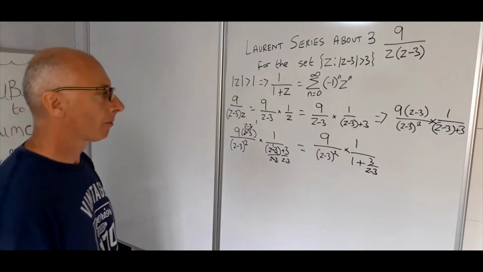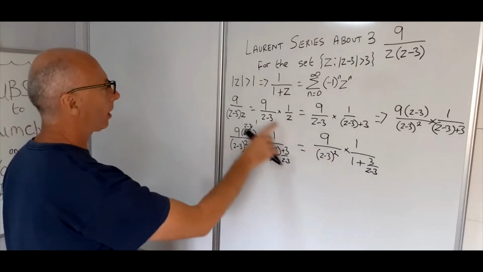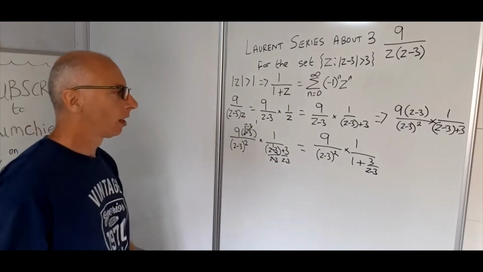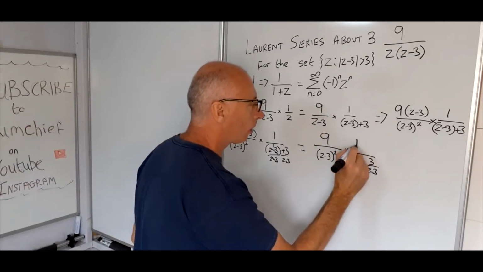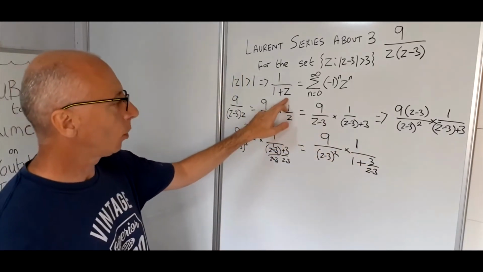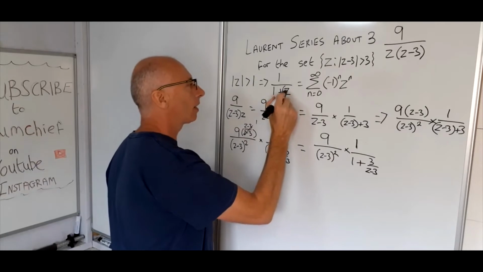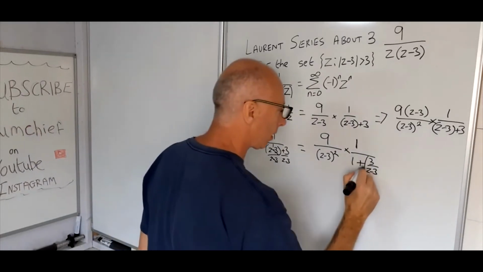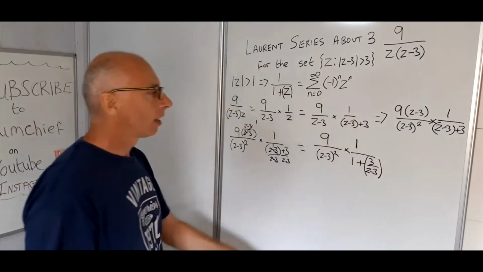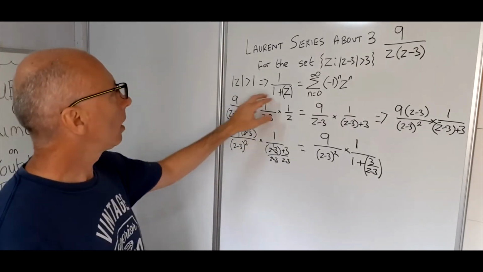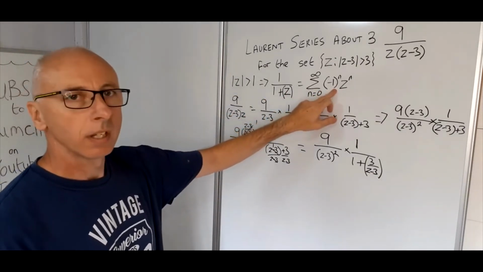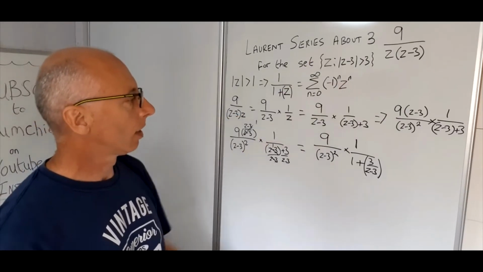Okay, this is still the same as this, but now we've got the function looking like this kind of format. So if we just put that in the brackets here, then maybe we can substitute this 3 over z minus 3 into our series, and then we can find our Laurent series.